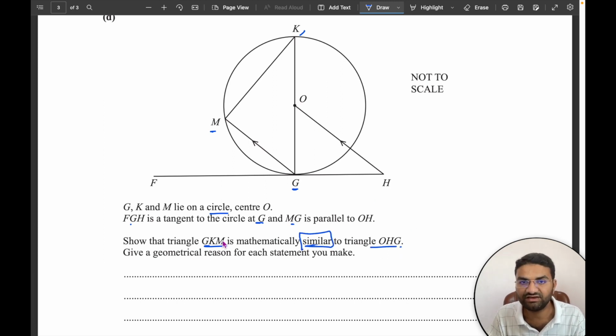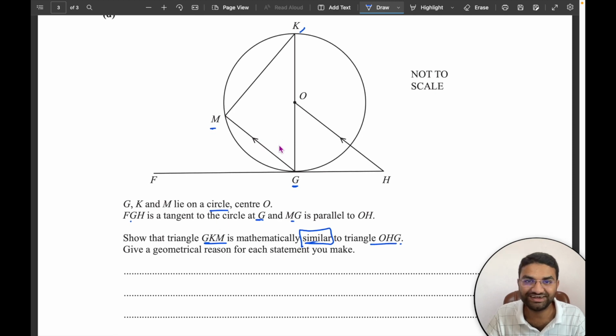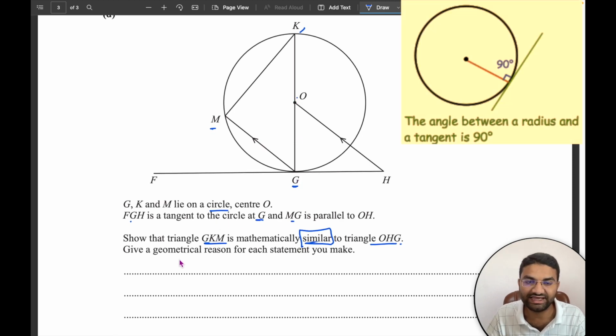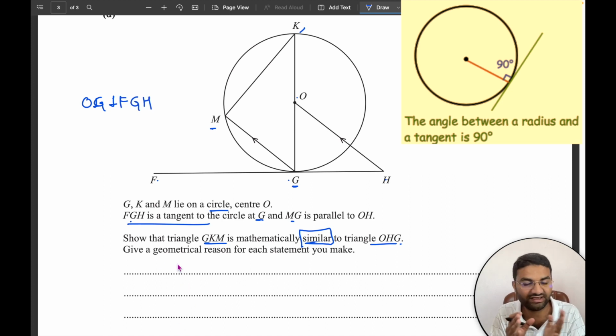The first thing we have to use is that OG is the radius, and FGH is the tangent. So OG is perpendicular to FGH, because this is the radius-tangent theorem. So here you got the right angle, 90 degrees.